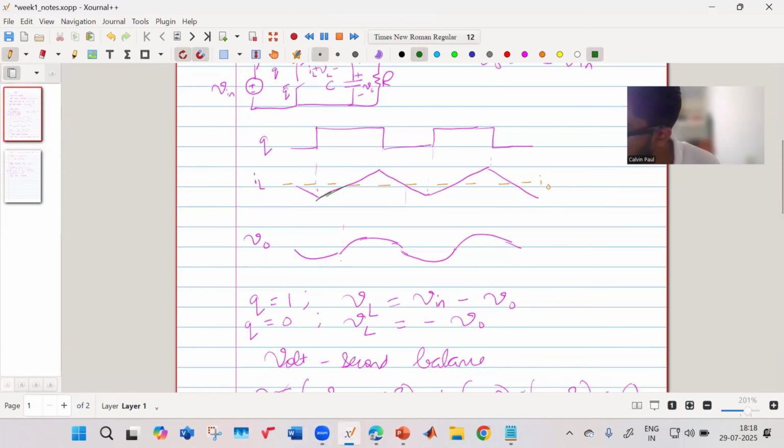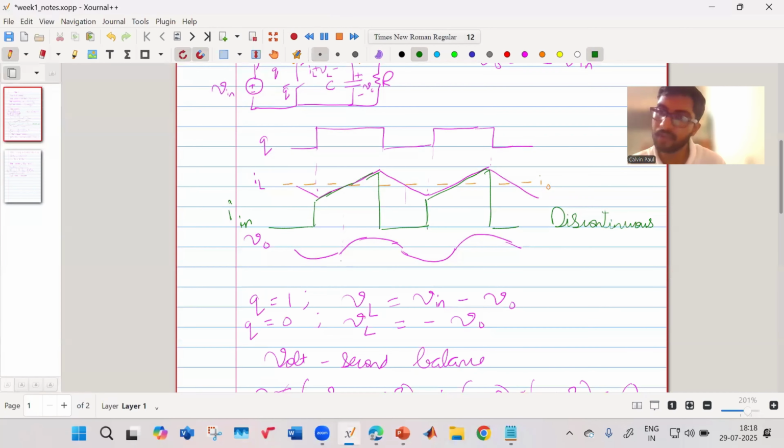This part, your input current will actually be like this, come like this, drop like this. So this is your input current for a buck converter. So in a buck converter, the input current is discontinuous.